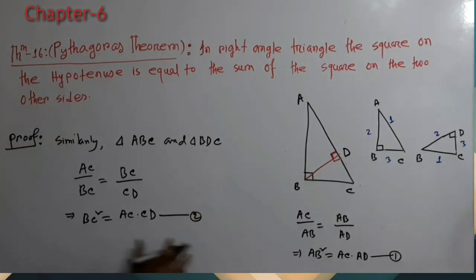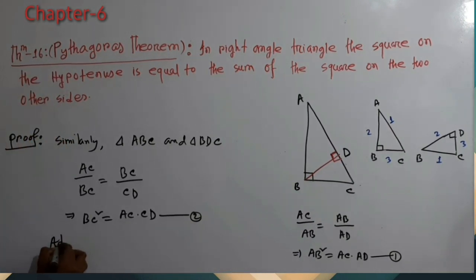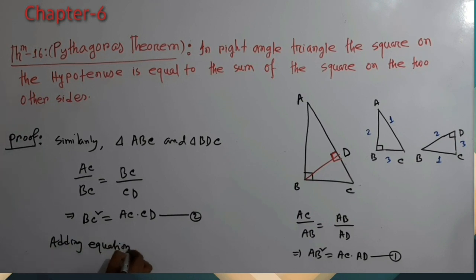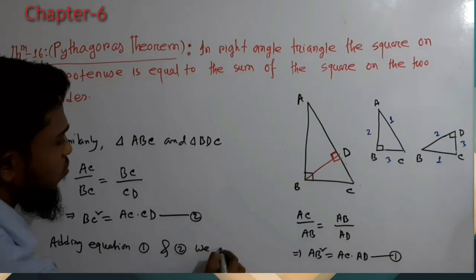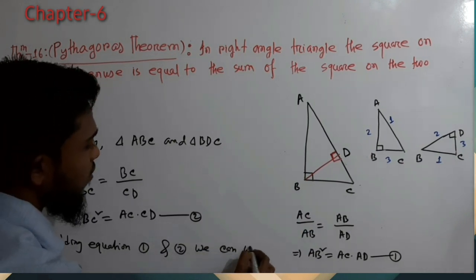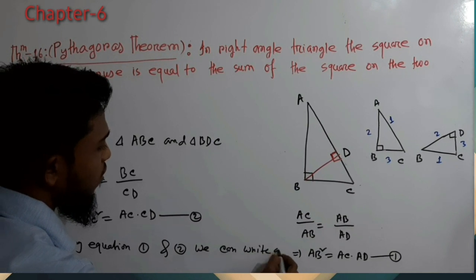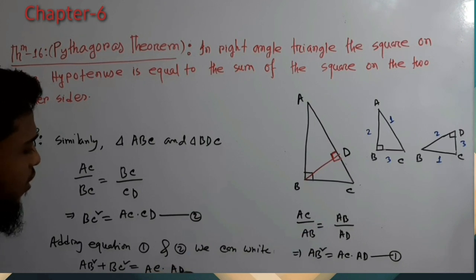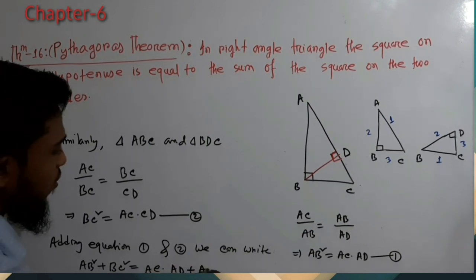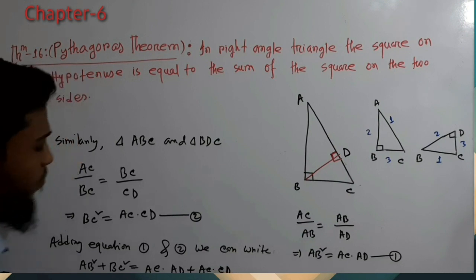Now, adding equations 1 and 2, we can write AB square plus BC square is equal to AC into AD plus AC into CD.